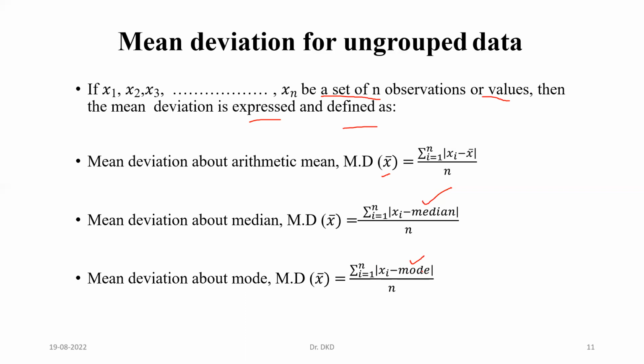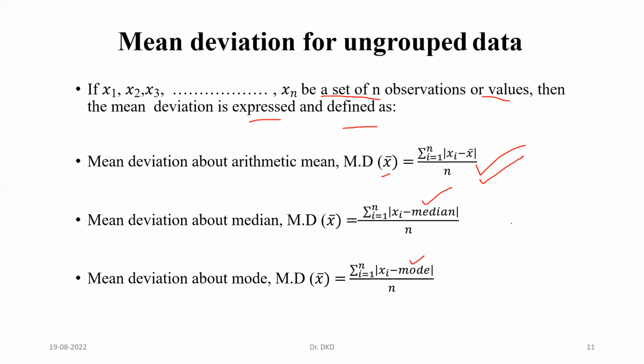But most frequently we use the first formula for ungrouped data. Once we have the data, we first calculate x bar, the mean, then subtract it from the corresponding xi observations and find the mean deviation.